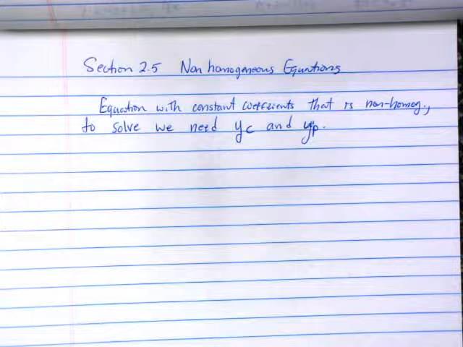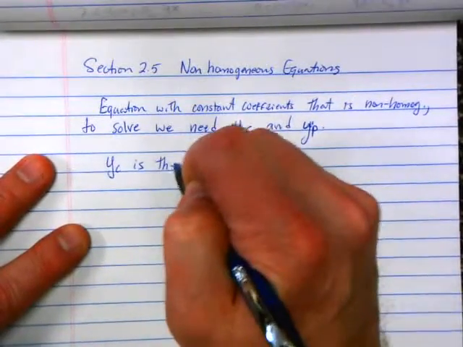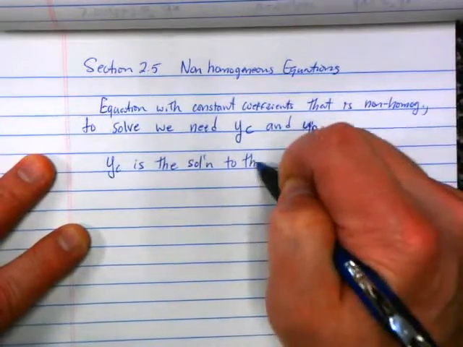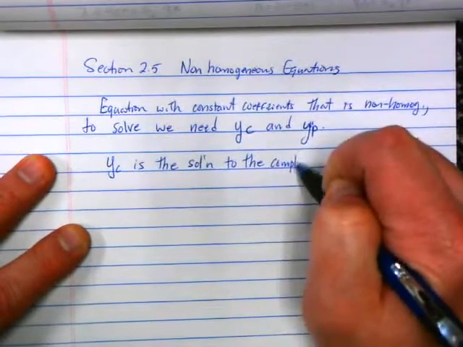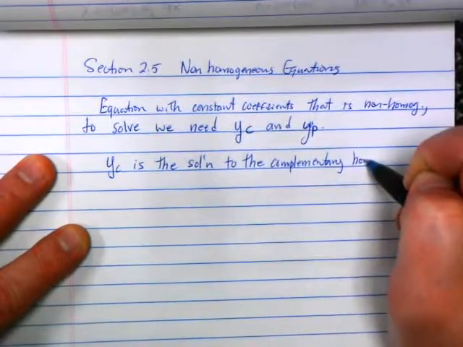And again, what did y sub c stand for? Y sub c is the solution to the complementary homogeneous equation.